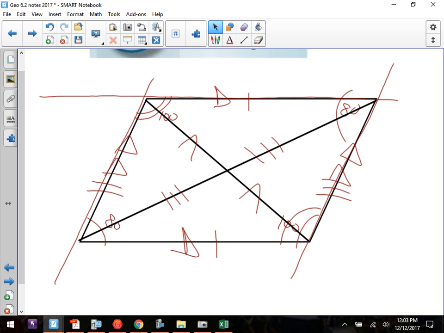It's little things like that that'll change up. If you have 4 sides that are the same, what do you have? Not necessarily. You could have a rhombus. Nope. A square is a rhombus, but a rhombus is not a square.